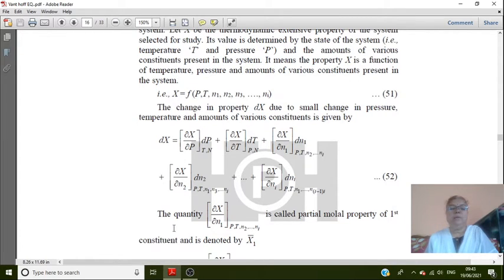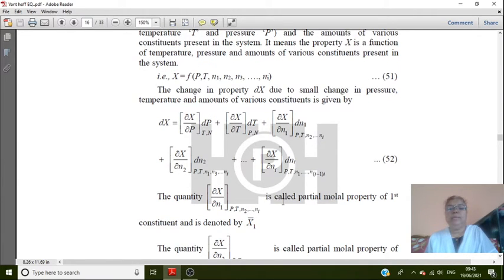Then the quantity ∂X/∂n1 at constant pressure, temperature, n2 up to ni is called a partial molar property. This quantity is called the partial molar property of the first constituent, and it is denoted by putting a bar over the property.